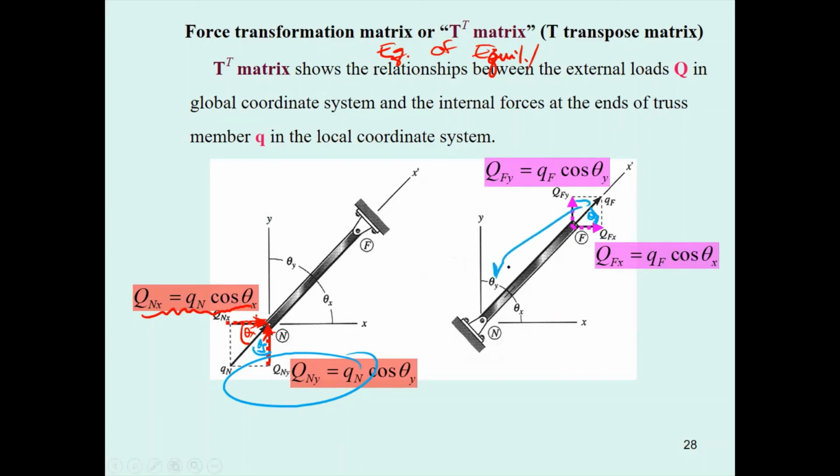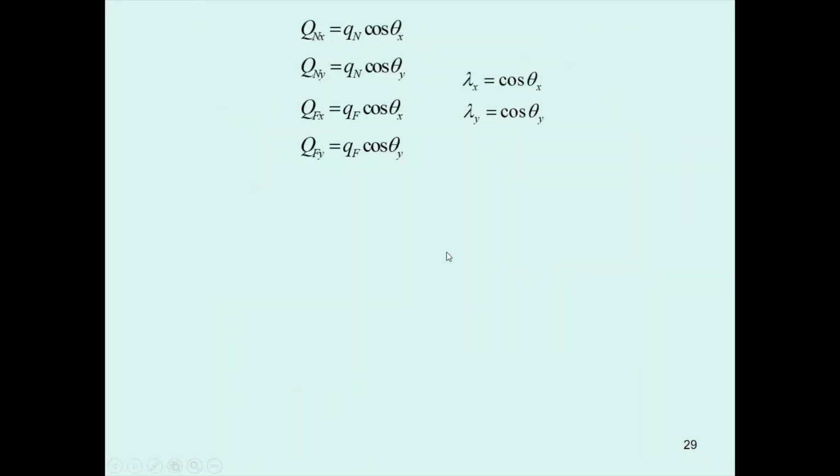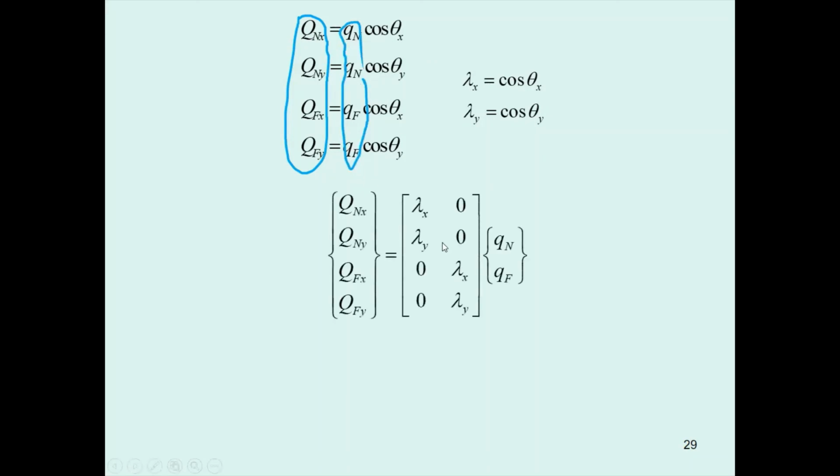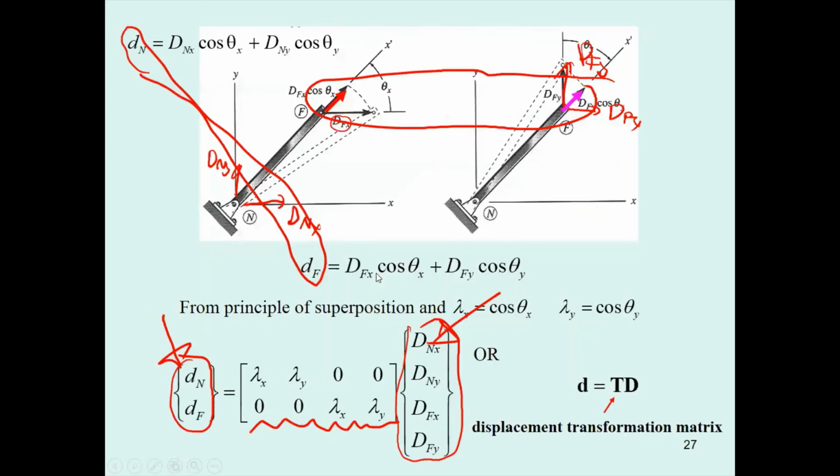Then you may see we rearrange it. Now we can find the relationship between the capital Q, or the external force, with the internal force small q, and you may have them in this direction and in this form. And since this matrix is in the opposite direction to the matrix here, this one is the displacement transformation matrix.